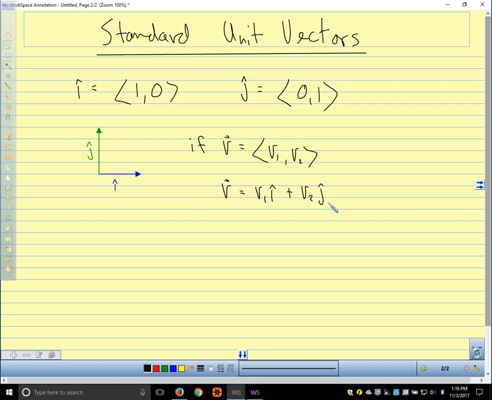Just a different way of writing vector v in terms of the standard unit vectors. They mean the same thing. i hat means you go in the x direction, j hat means you go in the y direction. We call this a linear combination of the standard unit vectors.